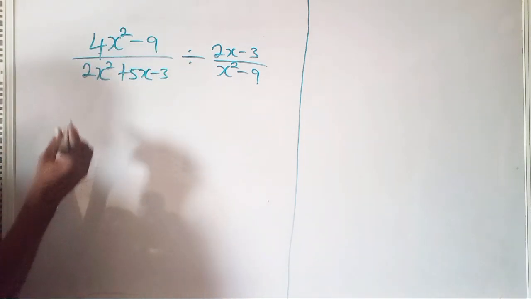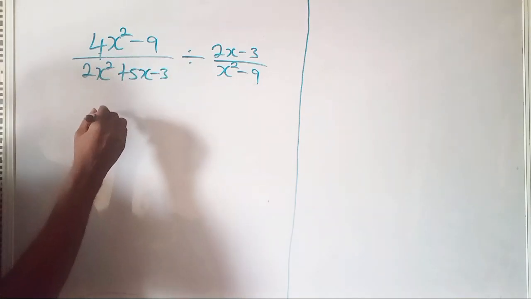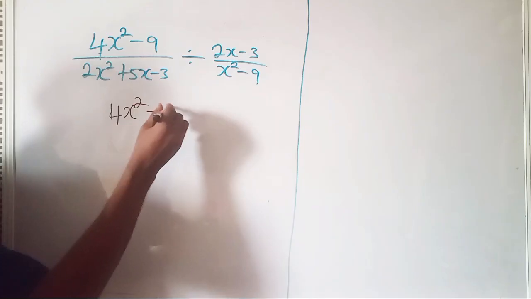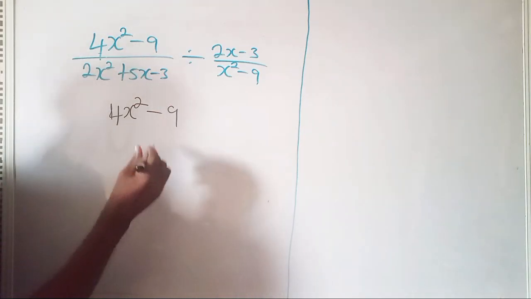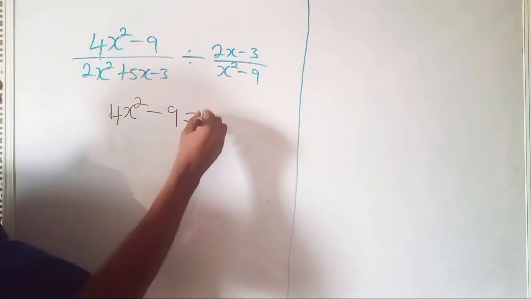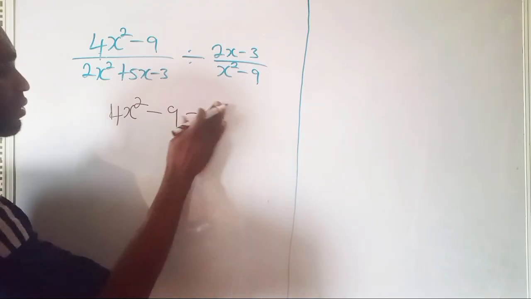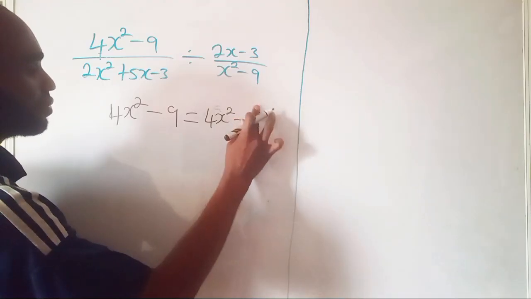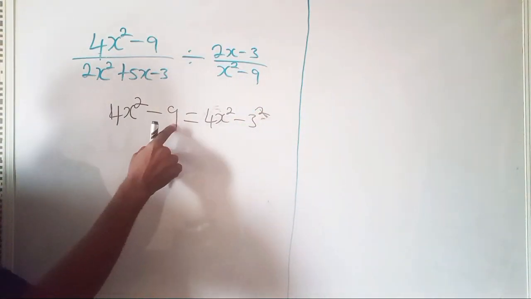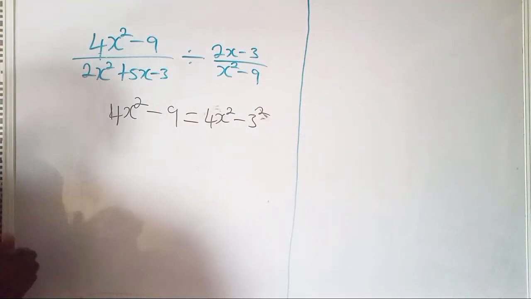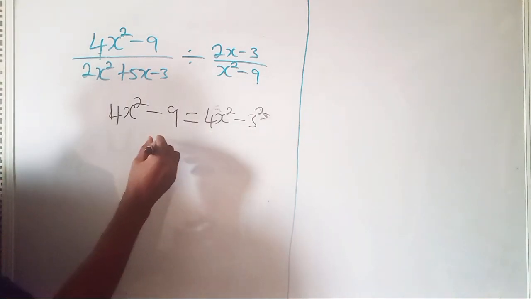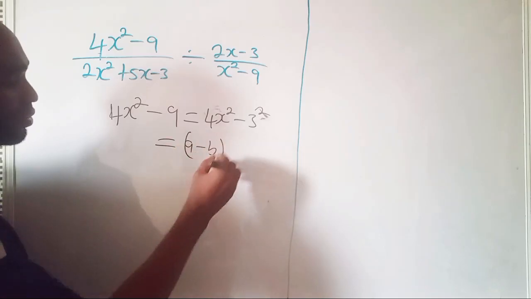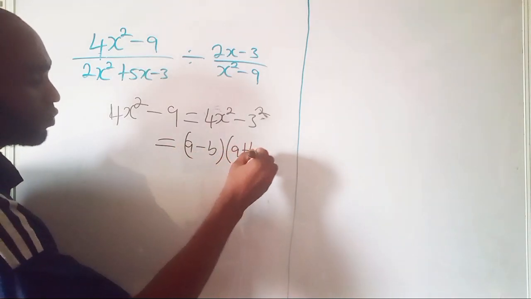So if you want to factorize 4x squared minus 9, remember we can write this as 2x squared minus 3 squared, because 9 means 3 squared. When you have a difference of two squares, you can write it as a minus b, then a plus b.